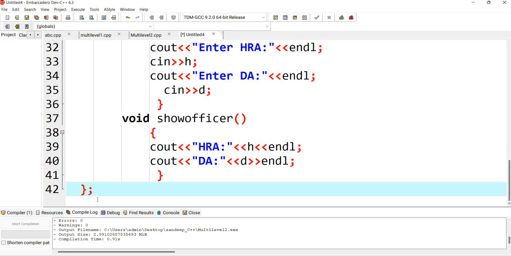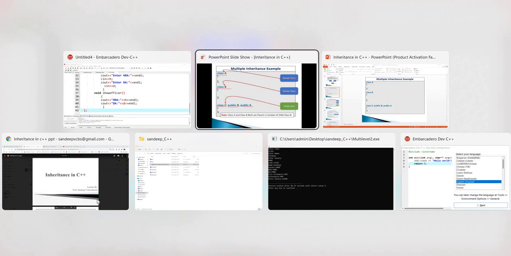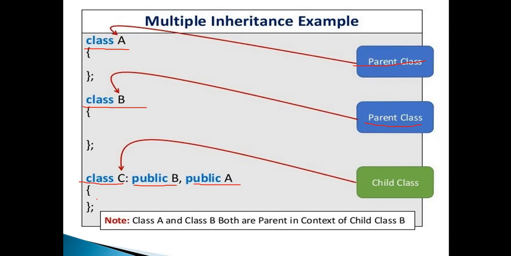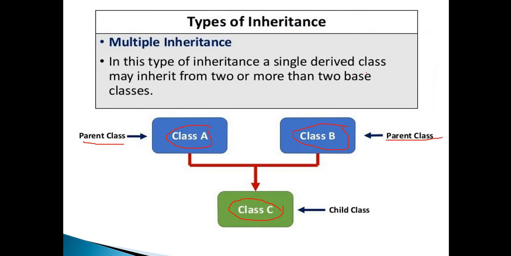Now I have to use a third class since this is a program for multiple inheritance. I have shown you in the program how to access this. Here you can see this is the class worker, and this is the class officer.